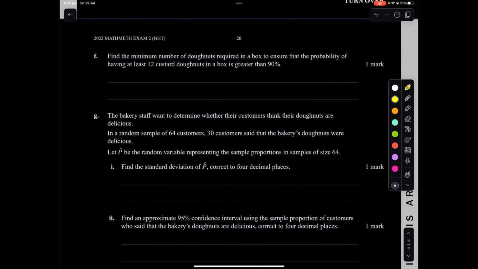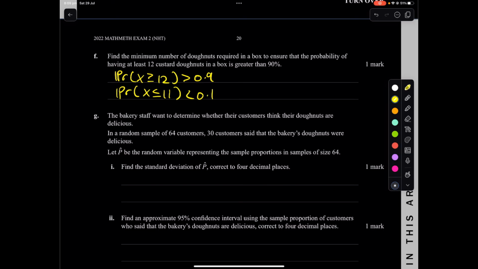Find the minimum number of donuts required to ensure that the probability of having at least 12 custard donuts is greater than 0.9. Okay, this can be rewritten as the probability that X is less than or equal to 11 is less than 0.1.